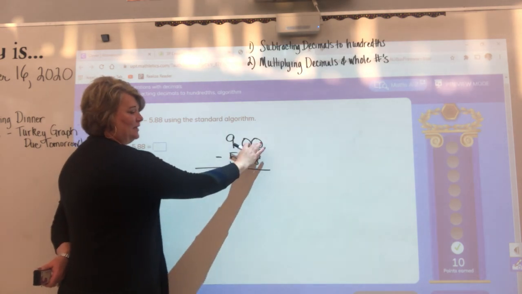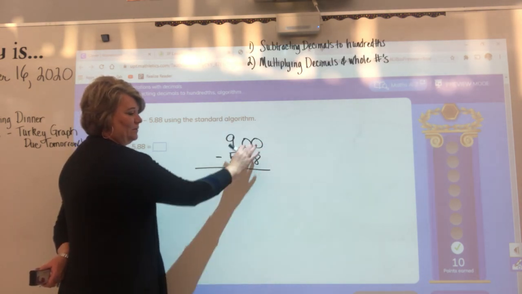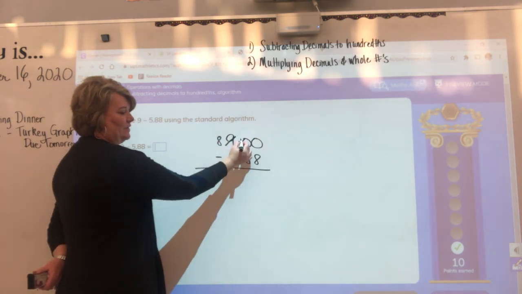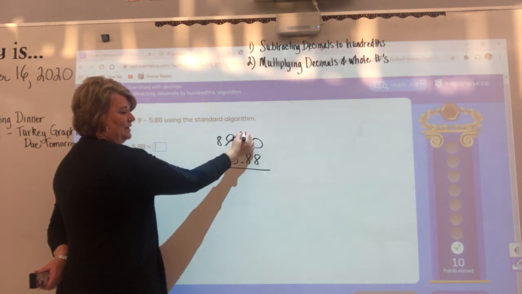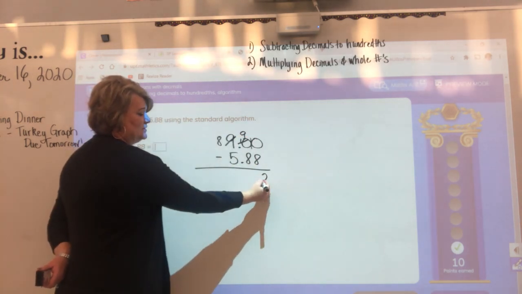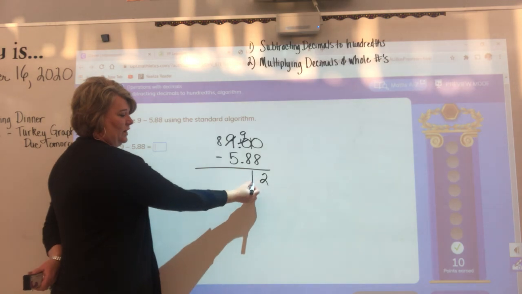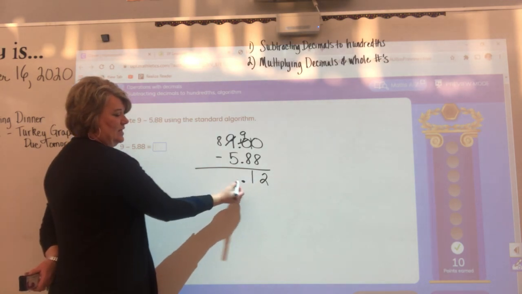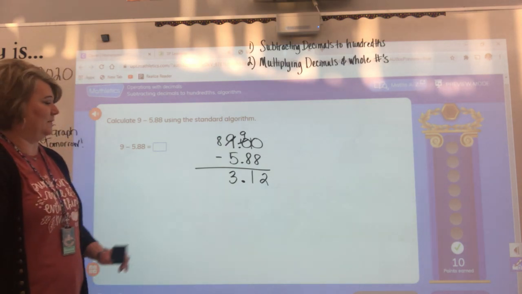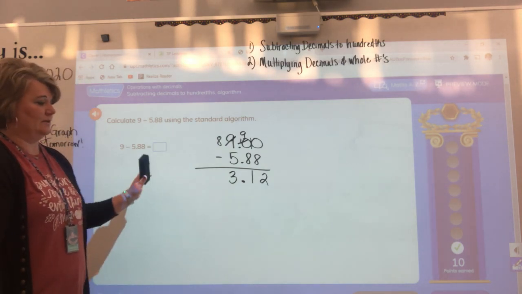But if I have nothing, you can't take 88 cents away from nothing. So this has to become an 8, which would make that a 10, which would make that a 9, so that can become a 10. And 10 minus 8 is 2, 9 minus 8 is 1. I bring my decimal straight down, and 8 minus 5 is 3. I'm glad that actually came up, because that's going to be all over today's stuff.